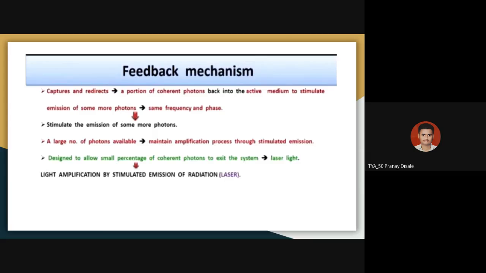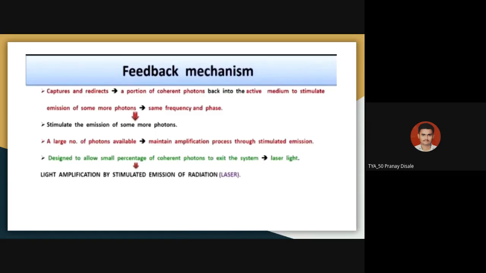When the atom or the laser ions are excited into the higher level, that is, while moving to the next level by absorption of the photon, it may take some time.